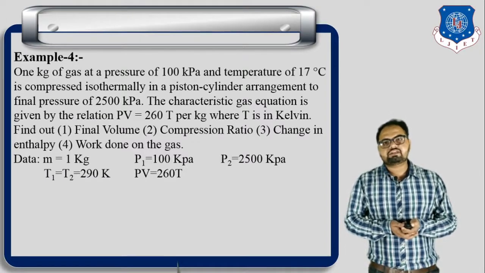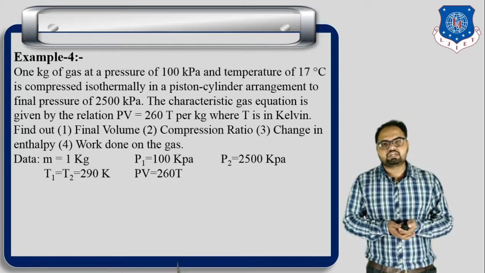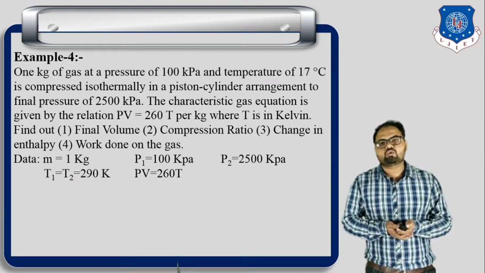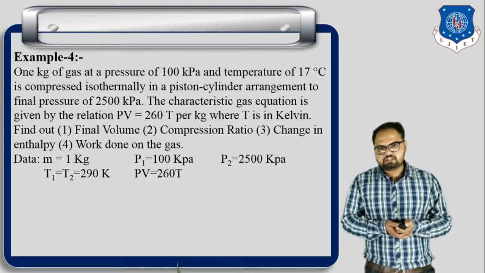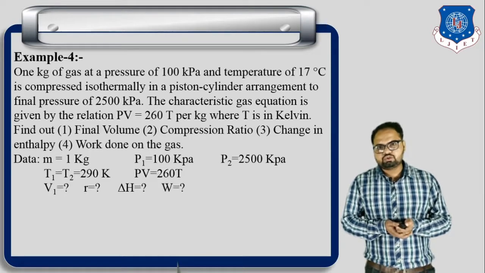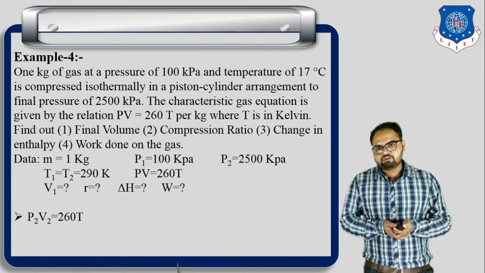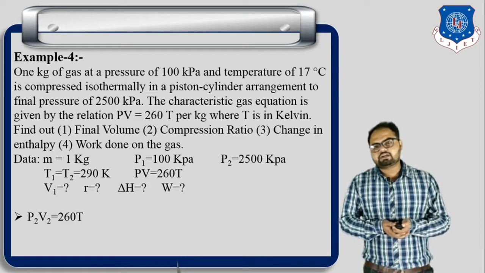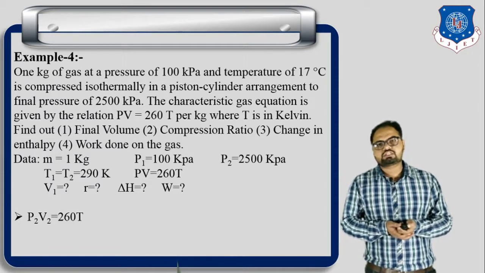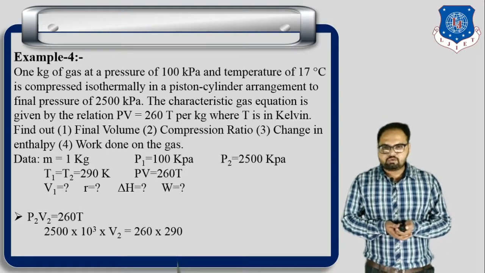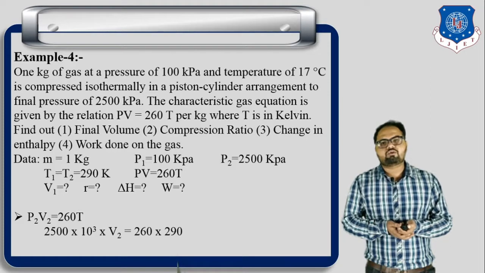Here they have given us the relation PV is equal to 260 T per kg. That means by the equation PV is equal to mRT, mass is 1 kg, so the value of R will be 260. We need to find out the final volume, that is V2, compression ratio, that is r, change in enthalpy, that is delta H, and work done on the gas, that is W. We know the standard relation P2 V2 is equal to 260 T. By putting the values in this equation we get the value of V2.